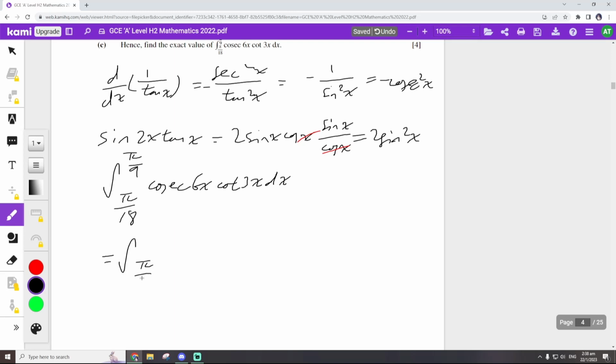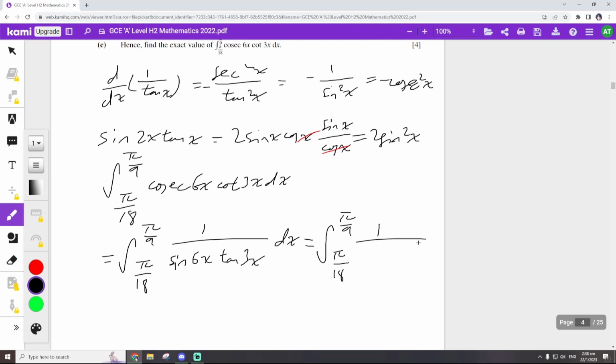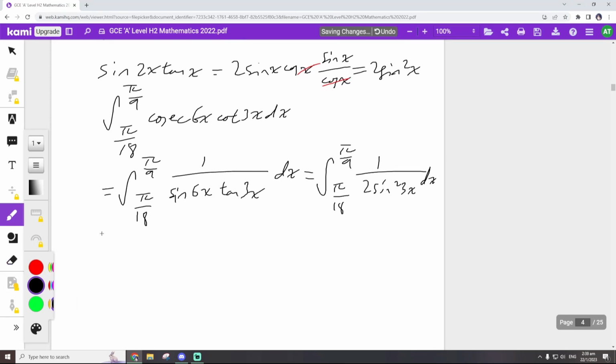So pi over 18 to pi over 9, 1 over sine 6x, tangent 3x dx. And you'll notice that this is the same as my sine 2x tangent x, but I replace my x by 3x. So this becomes the integral from pi over 18 to pi over 9 of 1 over 2 sine square 3x dx. Very cool, right?